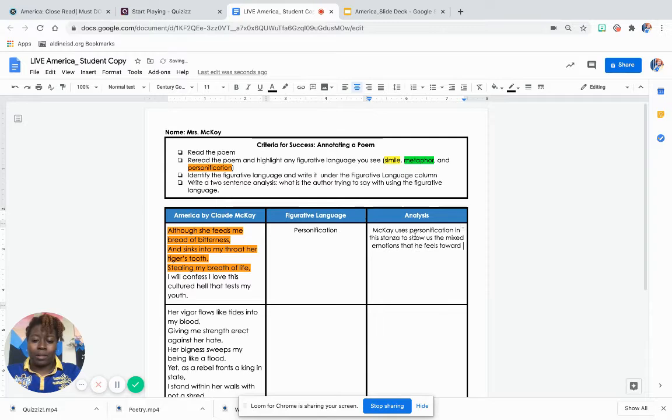Let's put that properly. Okay. He states, and I would even go over here and say, "she feeds me bread of bitterness." I'm going to paste all of the things that I highlighted over here. I'm going to take away the highlight, but you can keep it if you like.